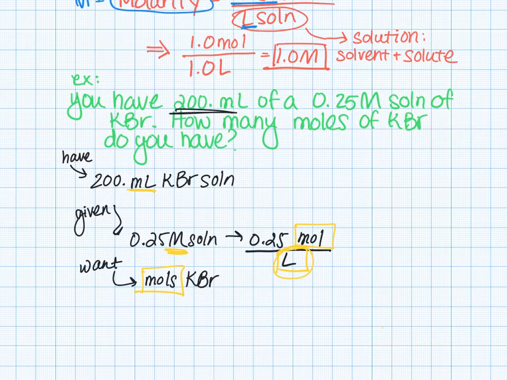Is there anything given in the problem that I can cancel out milliliters? Not directly, but since molarity is moles over liters, I should convert these milliliters to liters. I know there are 1,000 milliliters for every 1 liter. That will cancel out milliliters. Now I can use molarity as a conversion factor.